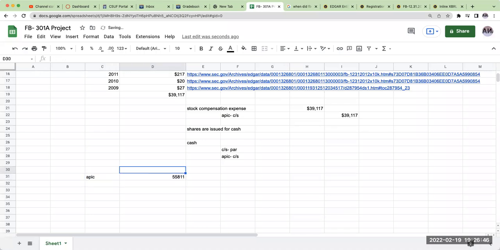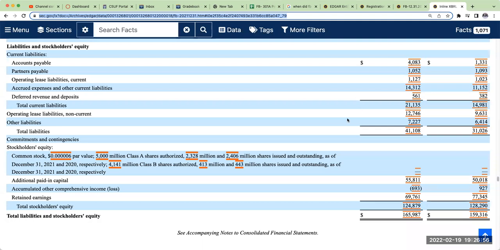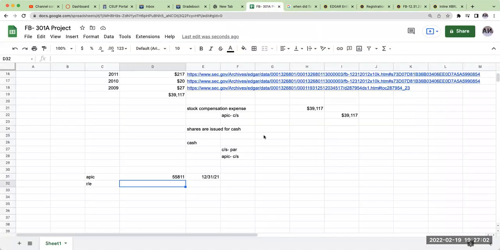Okay, so this is as of 12/31/21, and their retained earnings as of 12/31/21 is going to be 69,761,000,000.